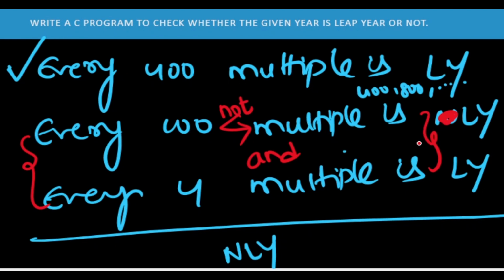Means 100 is not a leap year because it is a multiple of 100. Meanwhile, 16 is a leap year. Why? It is divisible by 4.